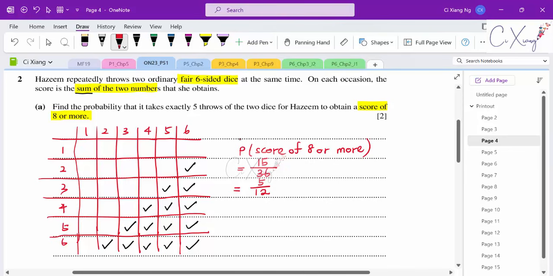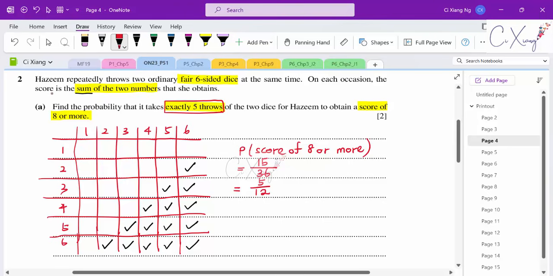But now in this question, they want us to find the probability that it takes exactly 5 throws of the 2 dice to obtain the score of 8 or more. Okay, exactly 5 throws. When you read the question at the beginning, it says repeatedly throw 2 ordinary fair 6-sided dice at the same time.